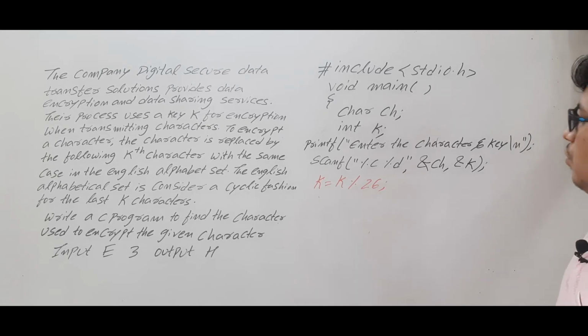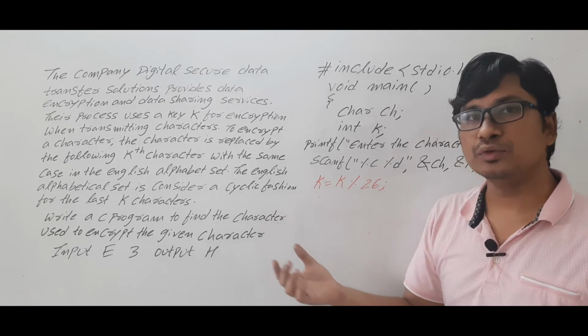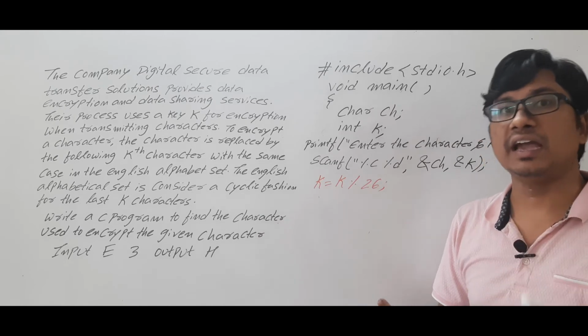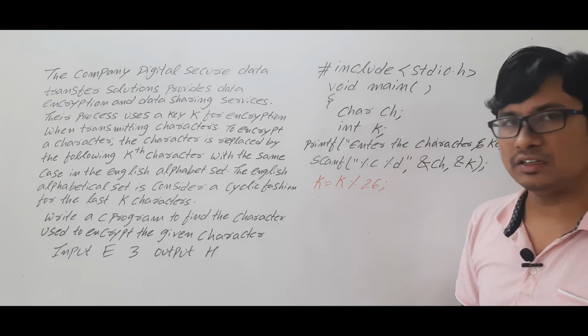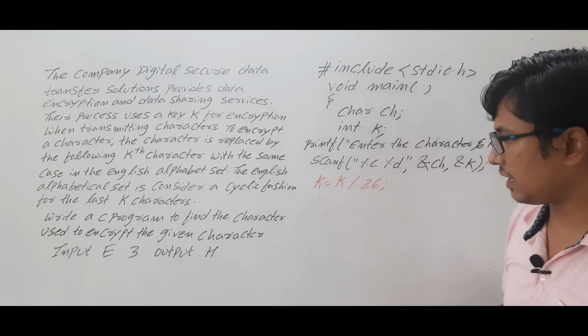Okay. Now what you have to do is check whether the given character is an uppercase character or lowercase character. So first I will write the logic for checking whether it is an uppercase character or not.